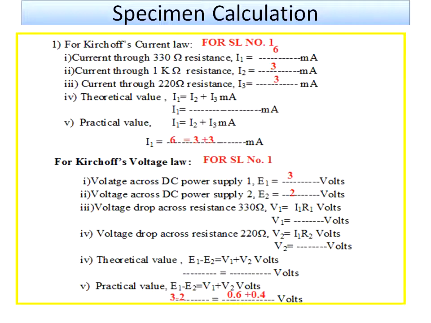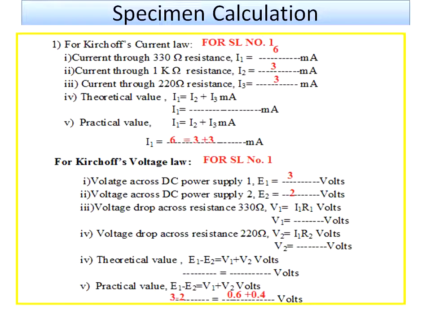Now again, we are verifying practical values: practical value of I1, I2, and I3. So I1 equals I2 plus I3. Below that you write I1 is 6 and 3 plus 3 milliampere. Hence it is verified for KCL.